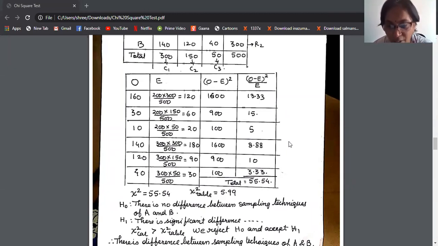So it has to be about 55.5 for everyone. Now H naught, as I said, will always be that there is no difference. So we'll say there is no difference between the sampling techniques of A and B, the two investigators. Now, the alternate hypothesis will be, there is significant difference between the sampling techniques of A and B.